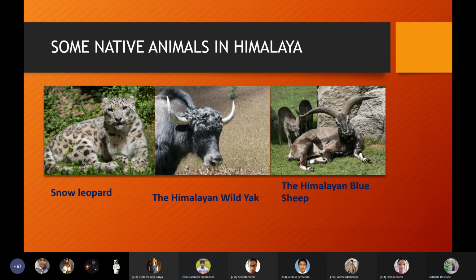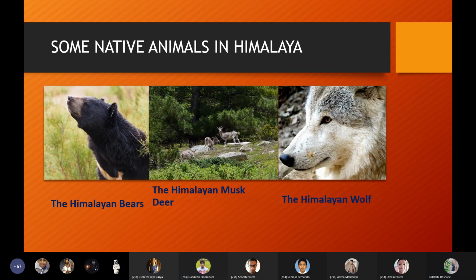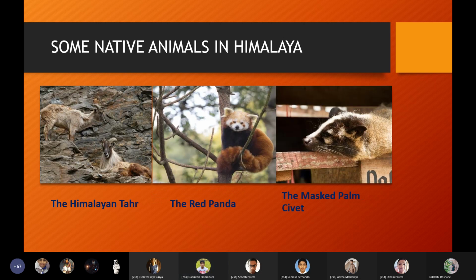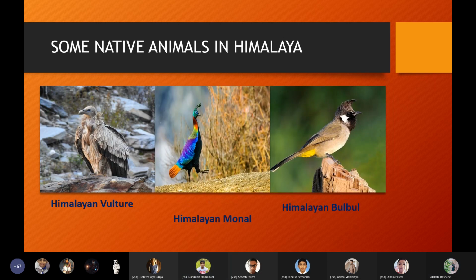The snow leopard, the Himalayan wild yak, the Himalayan blue sheep, the Himalayan bear, the Himalayan musk deer, the Himalayan wolf, the Himalayan thar, the red panda, the masked palm civet, the Himalayan vulture, the Himalayan monal, and the Himalayan bulbul.